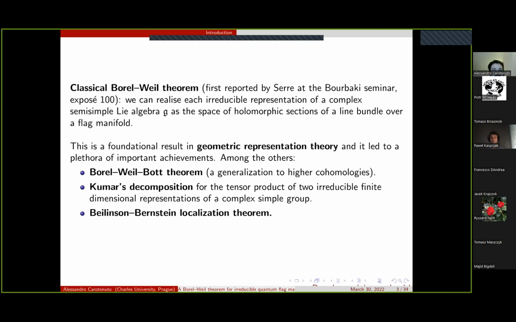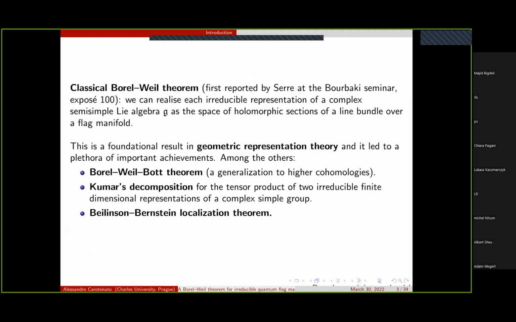Then another surprising consequence of the Borel-Weil theorem is Kummer's decomposition of the tensor product of two irreducible finite dimensional representations of a complex simple group. And for me, it's quite surprising that such a representation theoretic question requires the knowledge of the geometry of the two corresponding homogeneous spaces and requires also that we know about Borel-Weil.